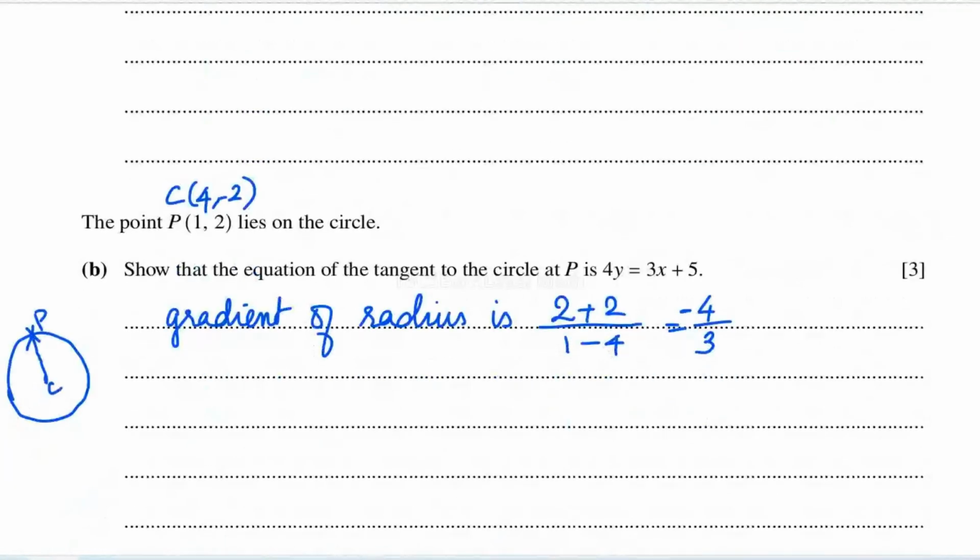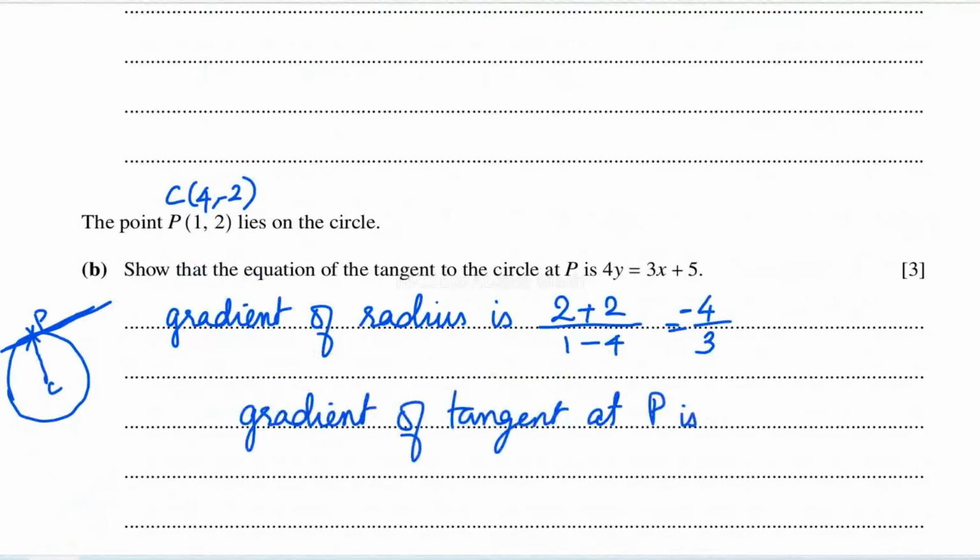So the gradient of the tangent at P for this line, the gradient of tangent at P is 3/4.